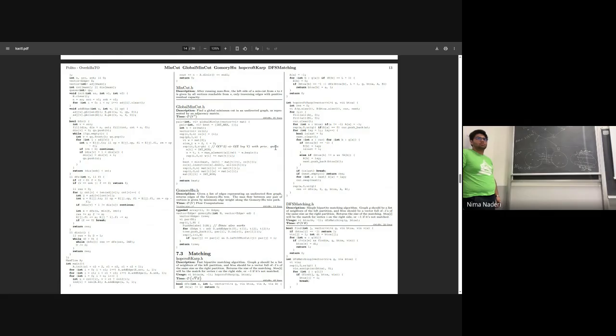Did you get it? Why? Because we have infinity water here, and all the pipes have capacity one. The source is another vertex that we are adding, connecting the source with one side of the bipartite graph and the sink with the other side, giving the direction like this. So we connect it to every vertex in one of the parts of the bipartite graph, and the other one to the other part.